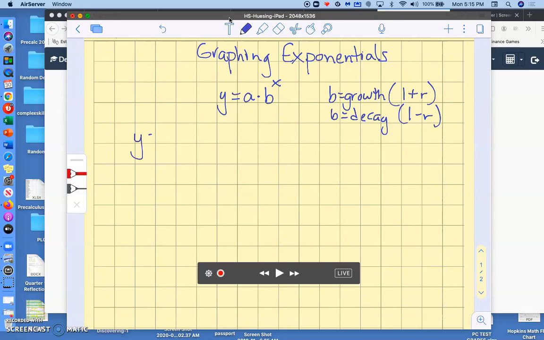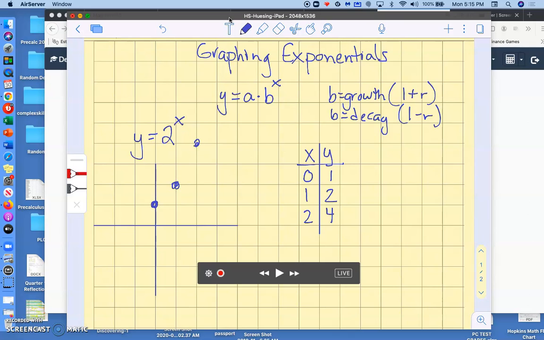So if I was to graph 2 to the power of x, let's just make an xy table with this. When x is 0, 2 to the 0 equals 1. 2 to the first equals 2. 2 squared is 4.